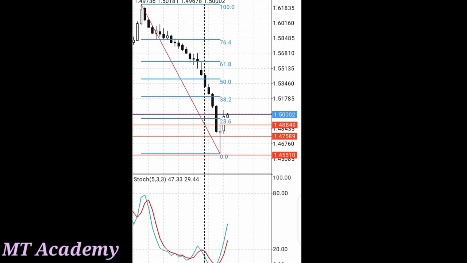With my Fibonacci retracement tool, I'm going to know where this market is retracing to. So the first point I'll be looking at is 38.2, then 50.0, then 68.8.